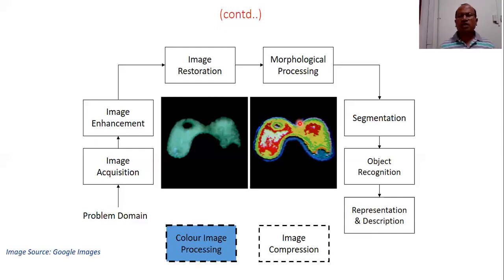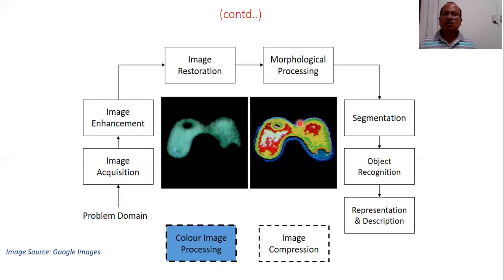Then the last component is color image processing, where the images are studied, analyzed, manipulated, processed, all in different color formats and in the color domain. And the idea is to get better visual appearance, to get better clarity in applications like remote sensing, medical imaging, medical image diagnosis.